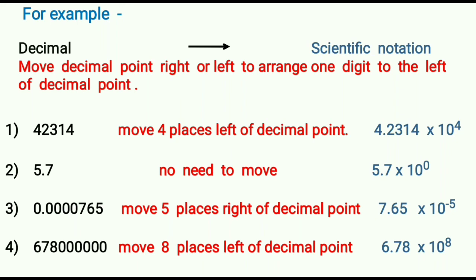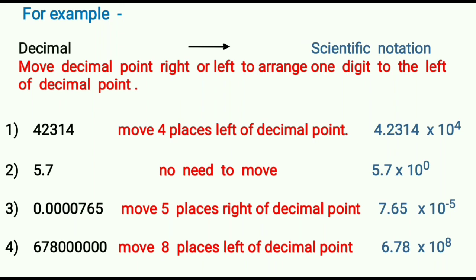That means scientific notation is 4.2314 multiply 10 raised to power 4. Next is 5.7. Here decimal point is after one digit, so there is no need to move the decimal point. So scientific notation is 5.7 multiply 10 raised to power 0.